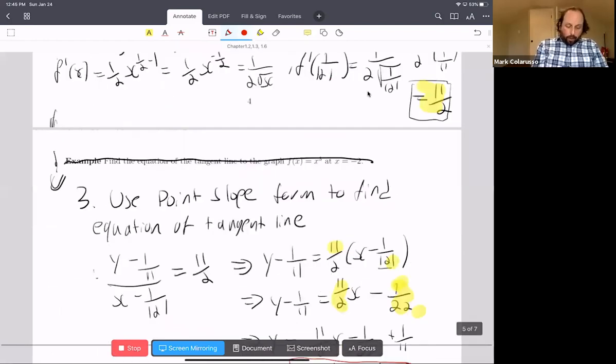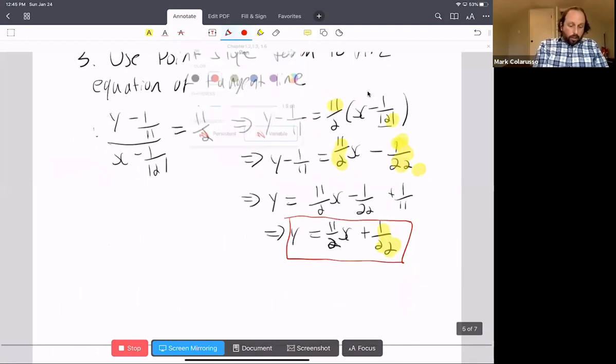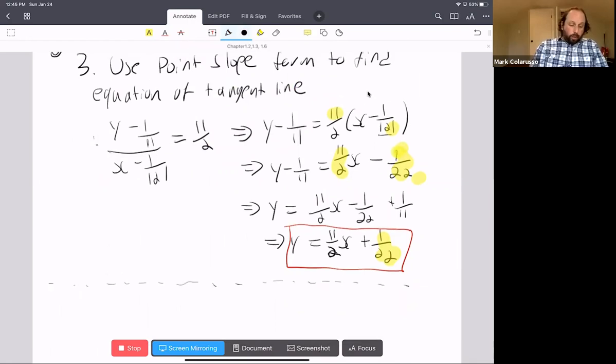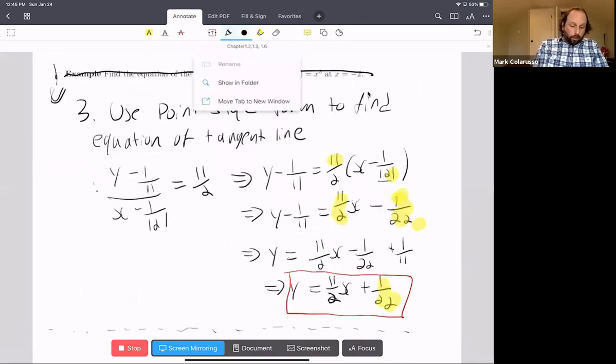Okay, this example that I crossed out is actually much easier. So maybe you should try this one on your own. I'll write it down here.